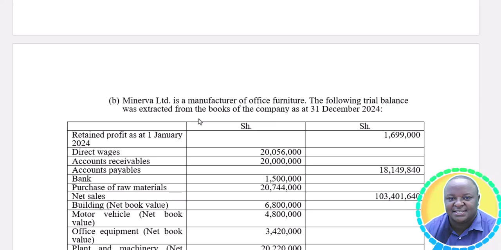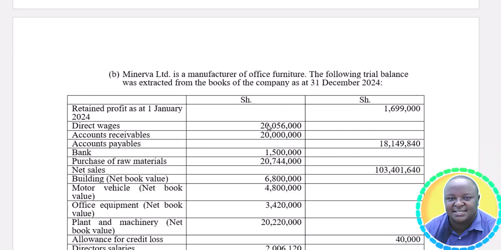The second question reads, Minerva Limited is a manufacturer of office furniture. The following trial balance was extracted from the books of the company as at 31st December 2024. We have the retained profit as at 1st January 2024 to be 1,699,000. We have the direct wages 20,056,000.